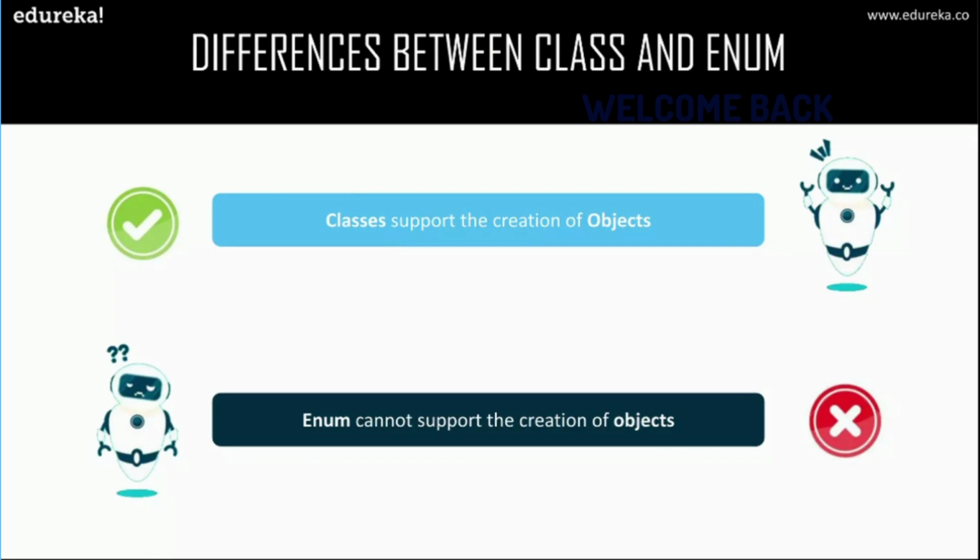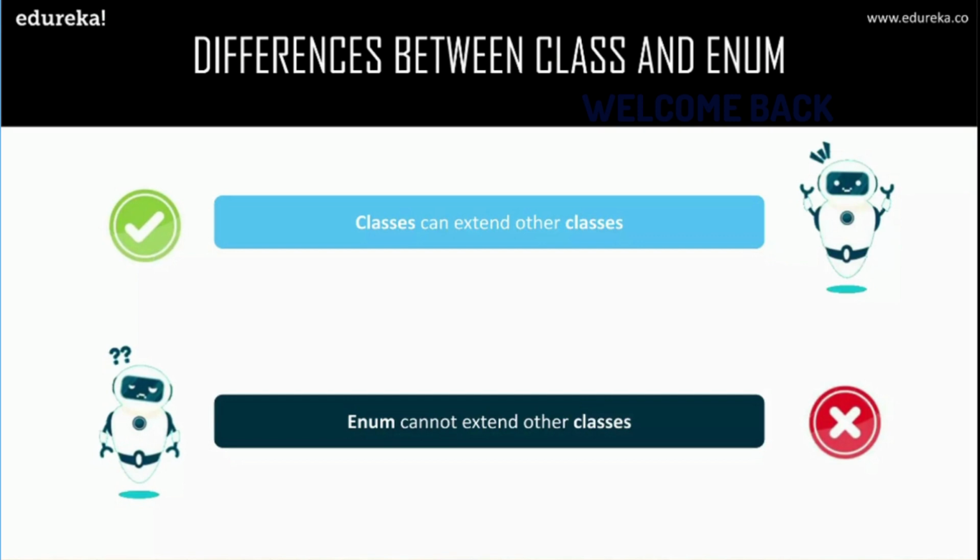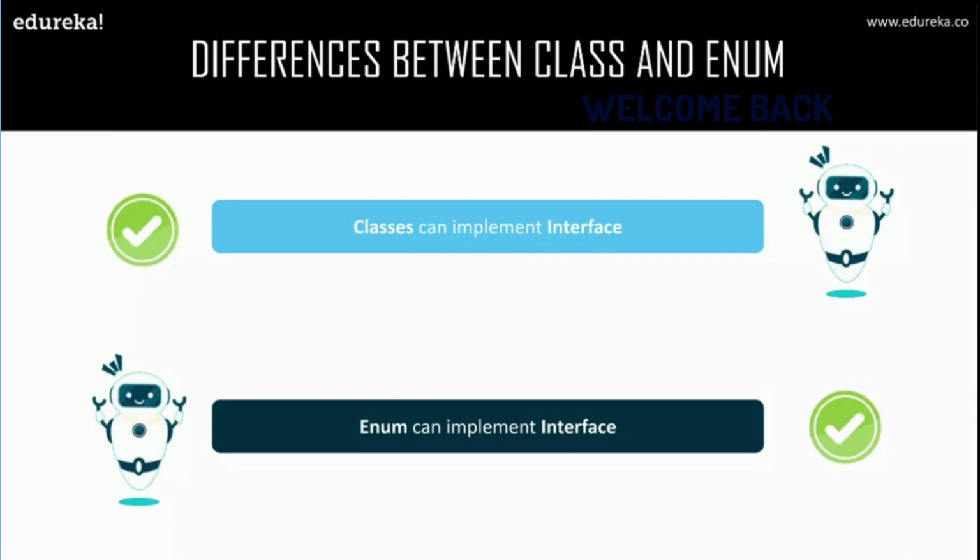Classes support the creation of objects, enum cannot support the creation of objects. Classes can extend other classes, but enum cannot extend other classes. Classes can implement interfaces, and enum can implement interfaces too.